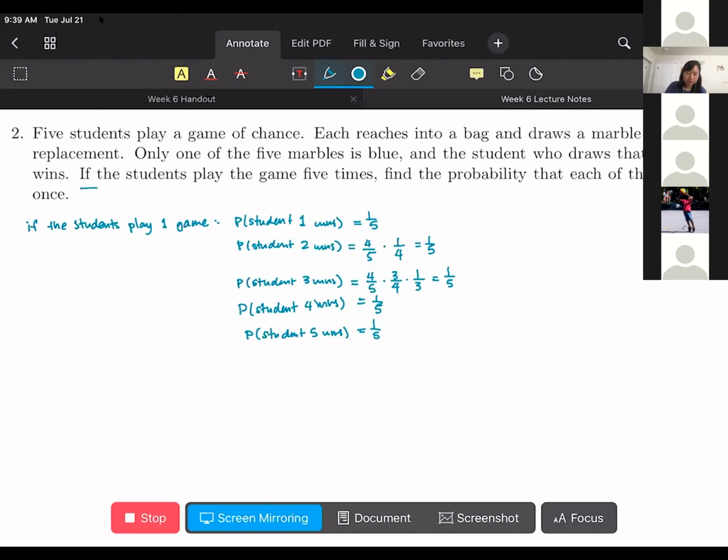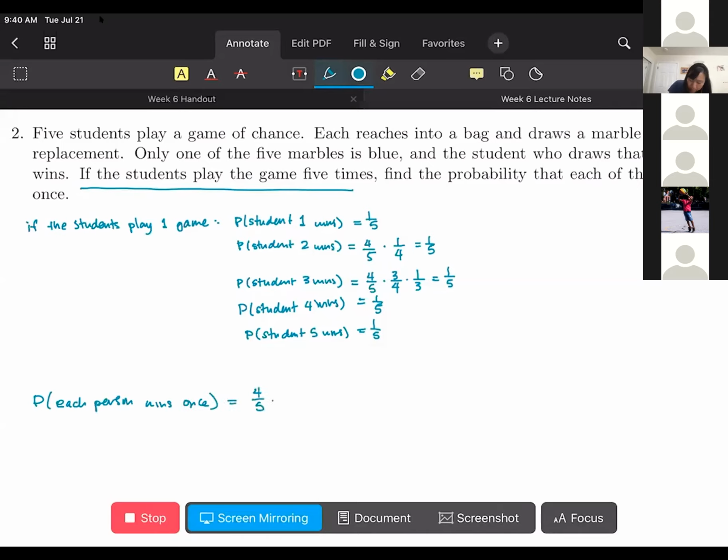Now we want to see if the students play the game 5 times, what's the probability that each of them wins once? The way that we could think about this is in the first game, it doesn't really matter who wins, any of them could win. In the second game, what's the probability that someone different wins from whoever won first? 4/5.